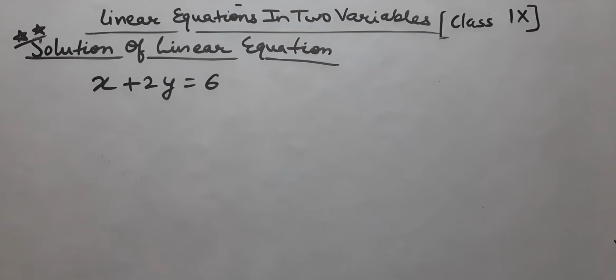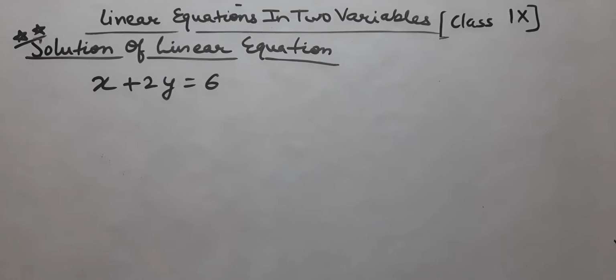Just see, for two variables, I need two equations obviously. But in your ninth class, I'm not having two equations. If I have two variables and two equations, then I would get the unique solution.